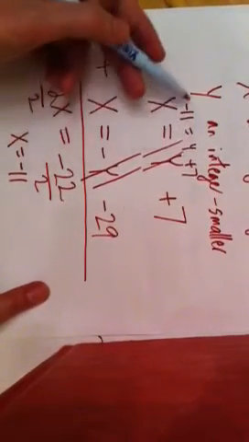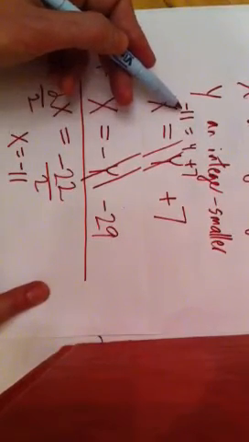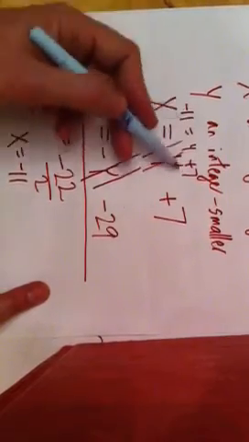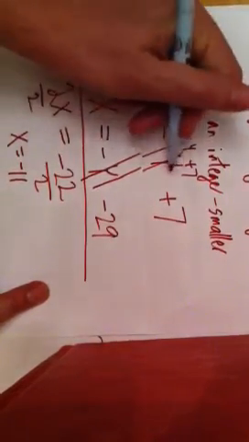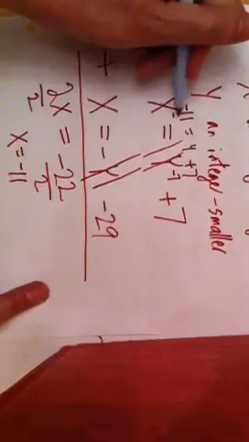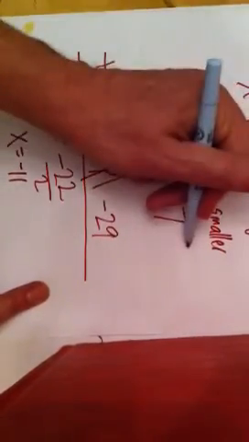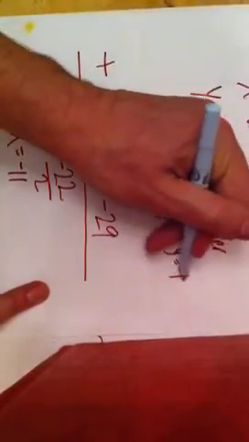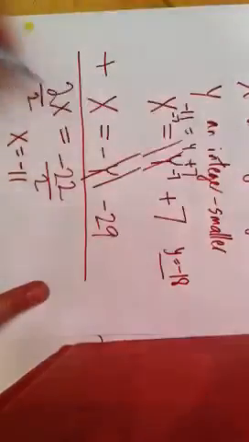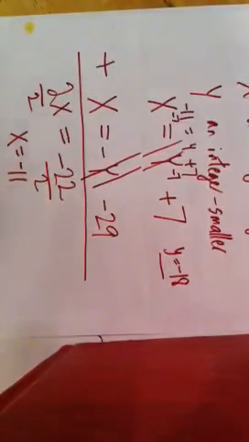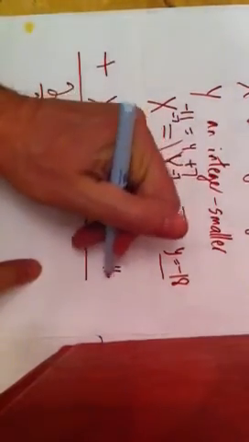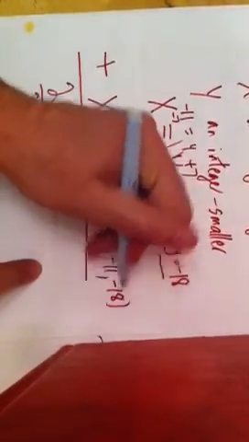Why don't we subtract 7 from both sides? And then you're going to see that y equals negative 18. And there's your x and there's your y. So your solution to this problem is going to be negative 11 and negative 18.